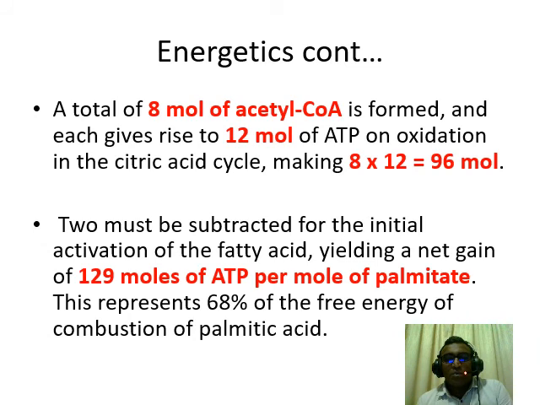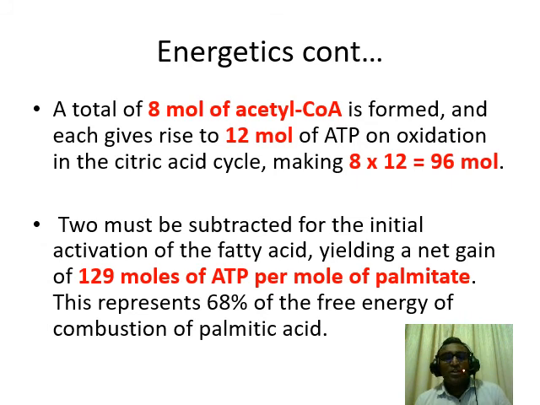Once you have these 96 ATP, you add the 35 ATP, and that will be 131 ATP in total. But as you know, there needs to be activation of the free fatty acid, and activation is adding coenzyme A. In terms of palmitic acid, when you add one coenzyme A, you will lose 2 ATP.